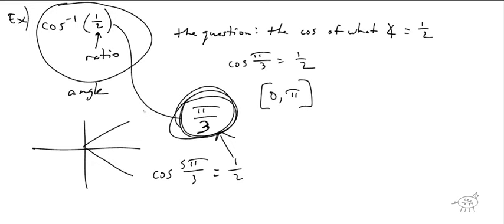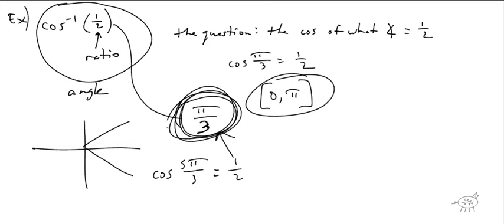So you guys could tell me, oh, it's 5 pi over 3, and couldn't I even add coterminal? Couldn't I say pi over 3, and I could add 2 pi, and say 7 pi over 3, and I could add 2 pi to this, and say 11 pi over 3. I could keep going. I could have an infinite number of answers. Okay, but because I've restricted my range, I only have one answer, and that's just pi over 3.